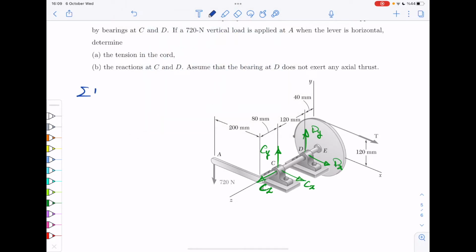Okay, so if you write the sum of moments with respect to C is 0.